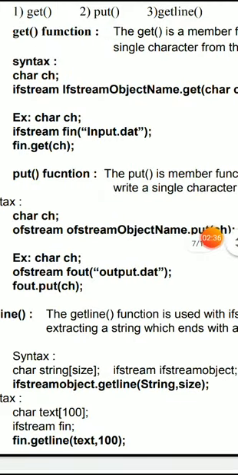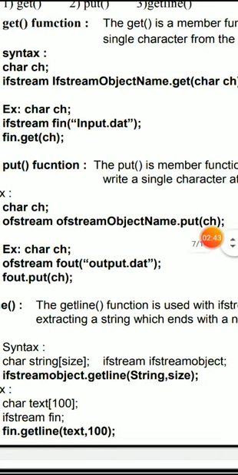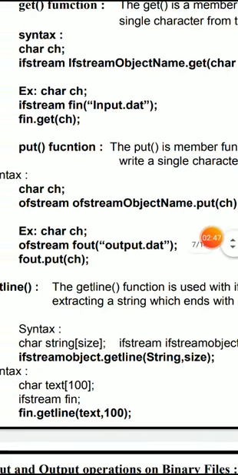First we have to create the character variable, then we have to open a file for a particular purpose. Then you can write one character at a time in a specific file.